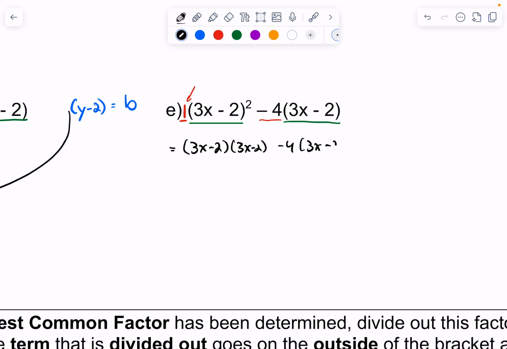And in the second term, there's only 1 of these brackets. So just like when you take out a variable, you can't pull out more than what something has. So our GCF is, this one has 2 of these brackets, and this one has only 1 of those brackets, where a GCF, the max we can pull out is 1 of those brackets. That's what we're going to be able to factor out.